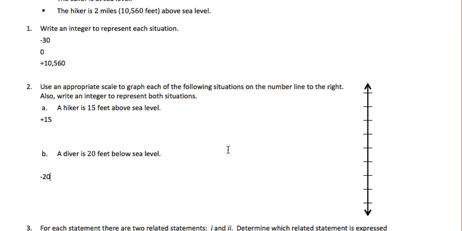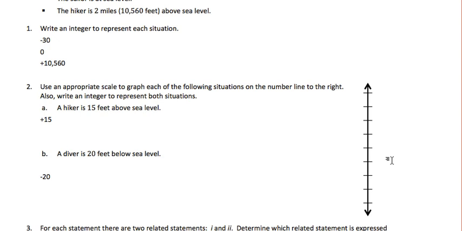To graph both of these on a number line, we'll need to develop an appropriate scale in which positive 15 and negative 20 will fit on the same number line. And obviously, from our previous studies, we will have to have 0, and those numbers will be appropriate intervals away from 0, above or below.